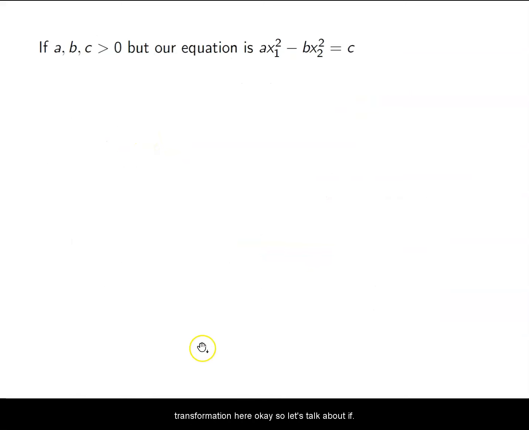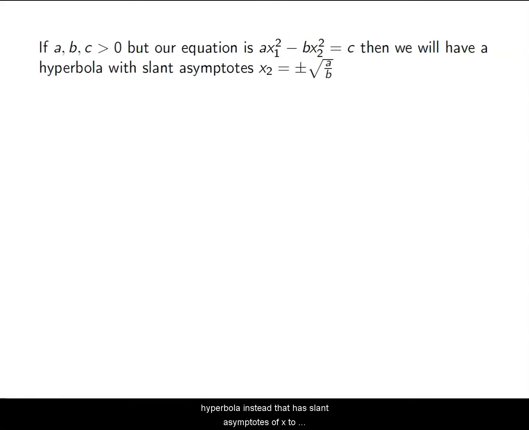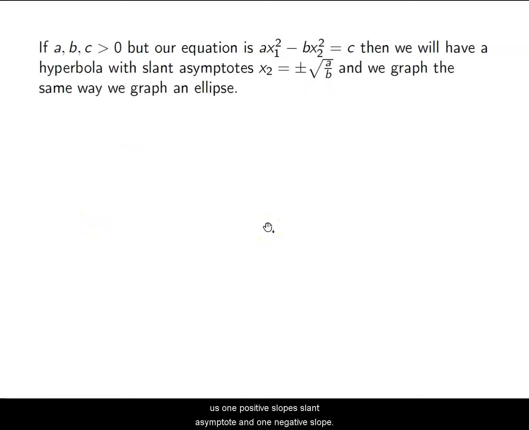So let's talk about if it's not an ellipse. If we have a subtraction sign in the middle, but all of our coefficients are still positive, then we're going to have a hyperbola instead, that has slant asymptotes of x2, which you can think of as your y, equal to plus or minus square root of a over b times x1. That gives us one positive sloped slant asymptote and one negative sloped slant asymptote.